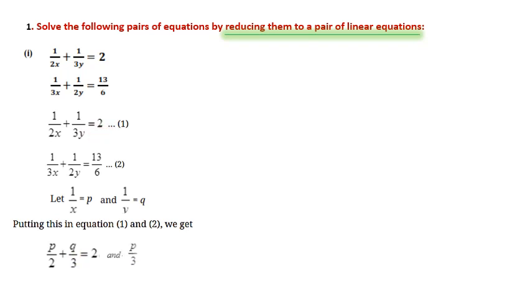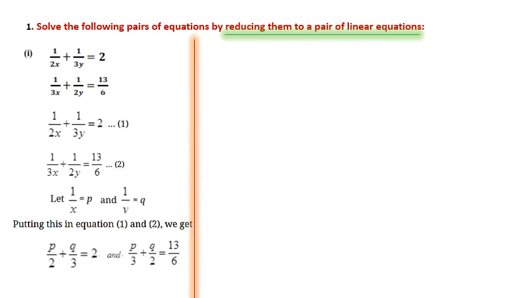In the second equation, if you take 1 by x will change to p, that is p by 3, 3 remains same, and 1 by y here will change to q, that is q by 2 equal to 13 by 6.